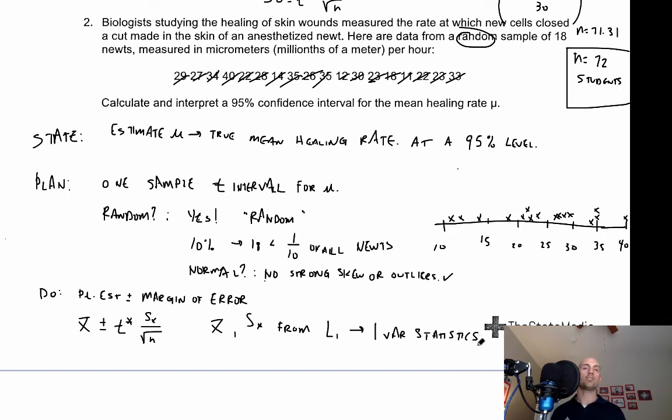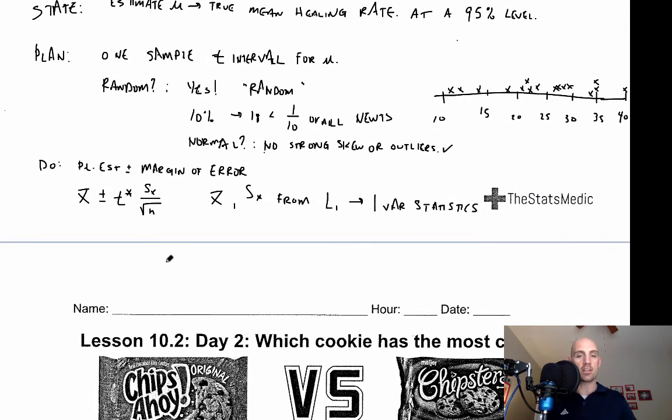Okay, so if I put all this information in list one, and then do my one variable stats, it's going to spit out what I want here. And so when I do that, I get that my x bar is 25.67 plus or minus, and what's my t star for this? My t star is 2.110.